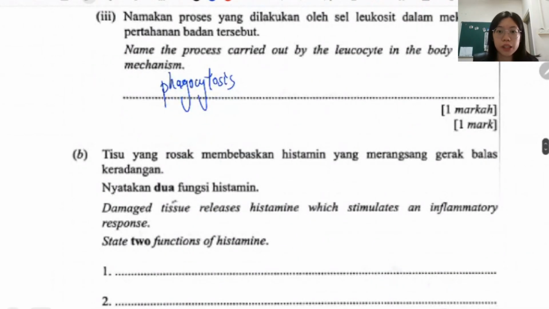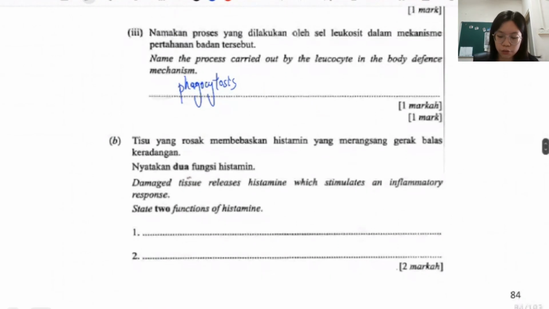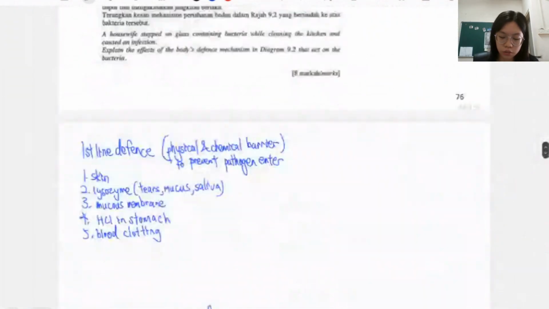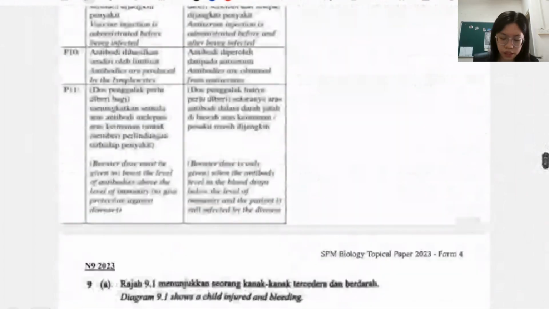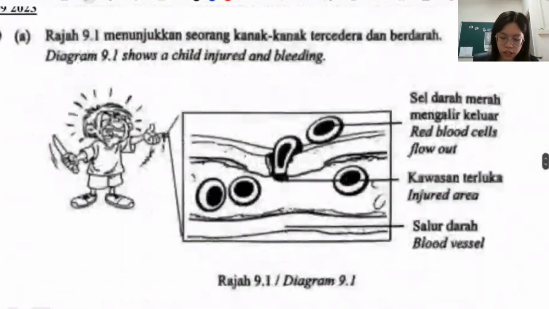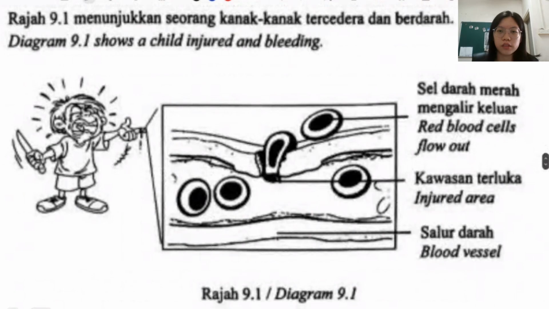So for the inflammation, the damaged tissue will actually release a histamine, which stimulates inflammatory response. So if you can actually recall it, let's take a look at this part. So you know, when there's an injury, the damaged tissue will actually release the histamine.